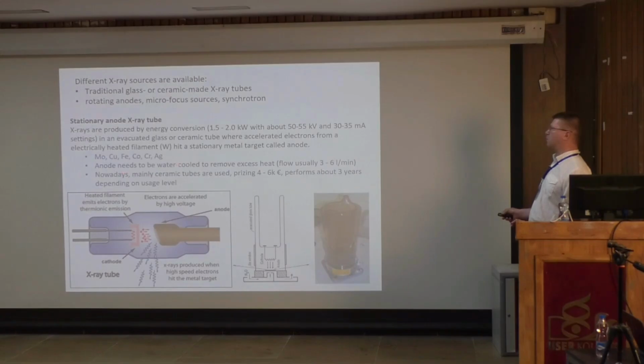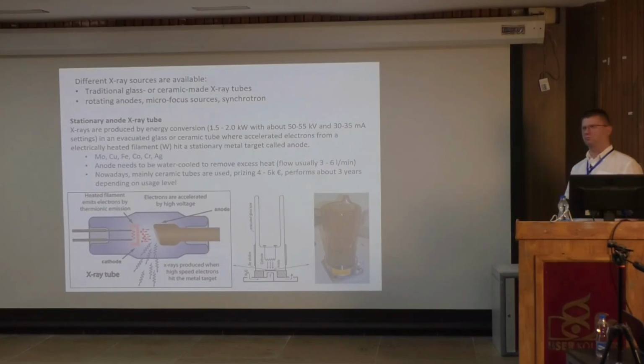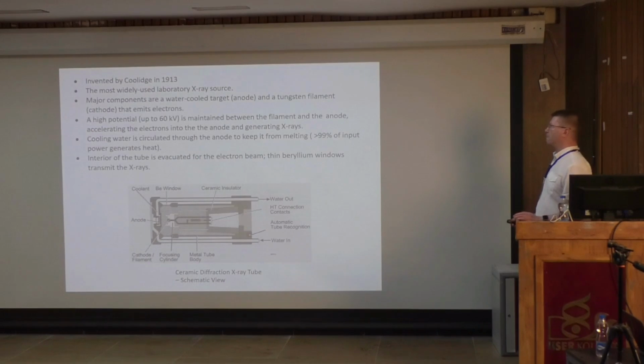The point is, it needs water cooling to remove excess heat. You can see the price here, roughly 5,000 to 6,000 euros each, and it lasts between 5 to 6 years. So that's the running cost. The instruments are quite costly to run in that sense.